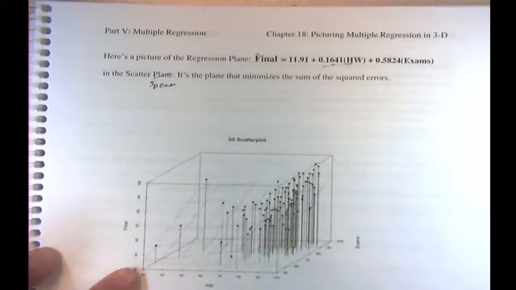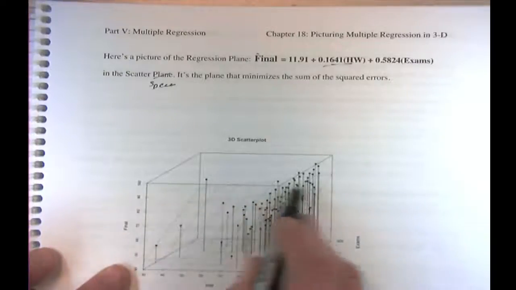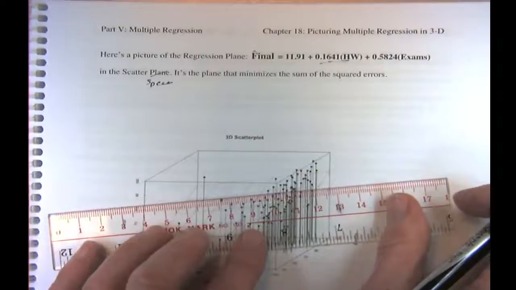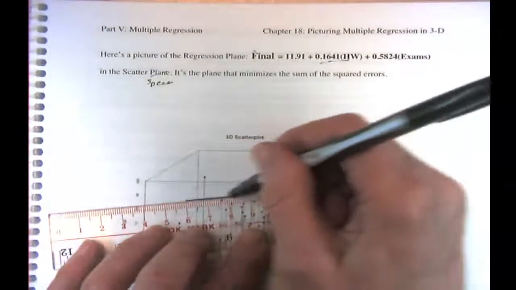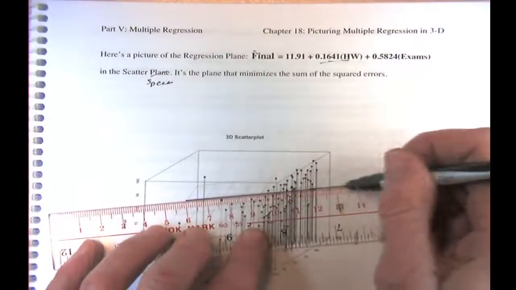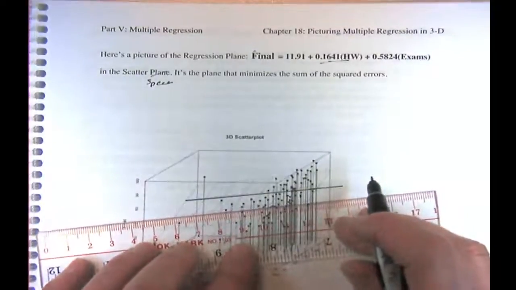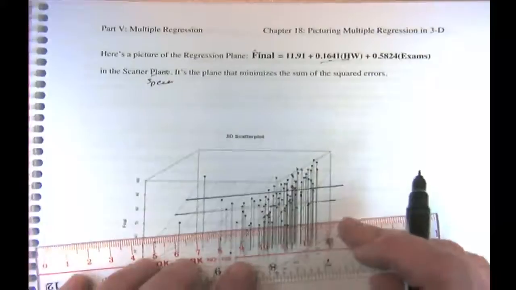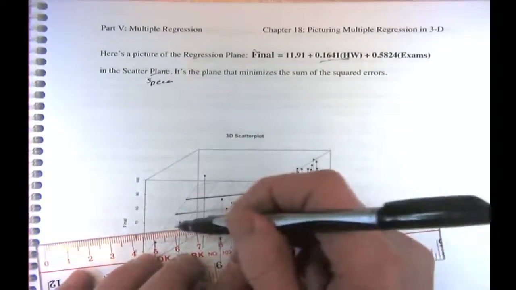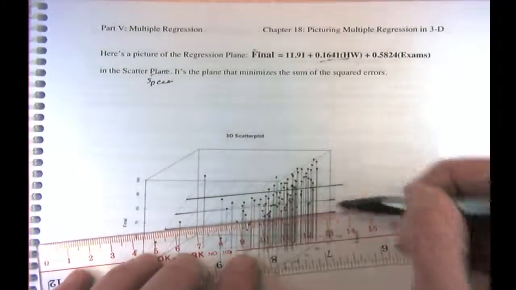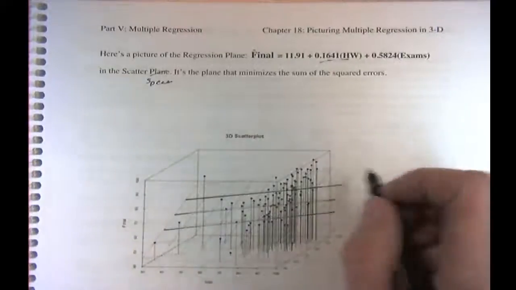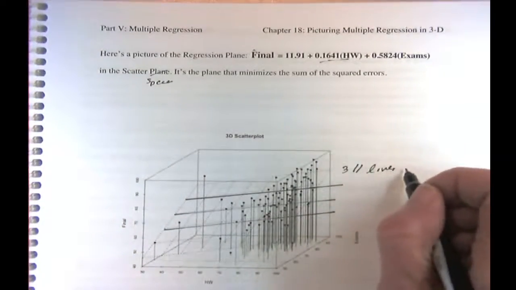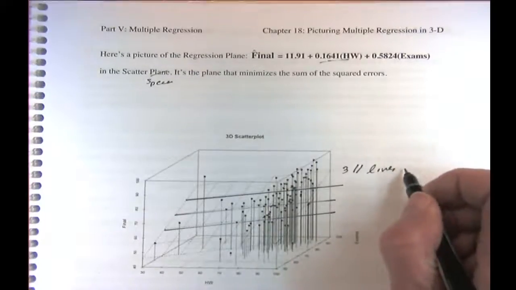Very steep. So this is people who got an exam of 100. How about people who got an exam of 90? Let's look at them. There's the people who got an exam of 90. There's the people who got an exam of 80. This is exactly what we just did. And there's the people who got the exam of 70. Right? And those are the 3 parallel lines we just did, from page 68.